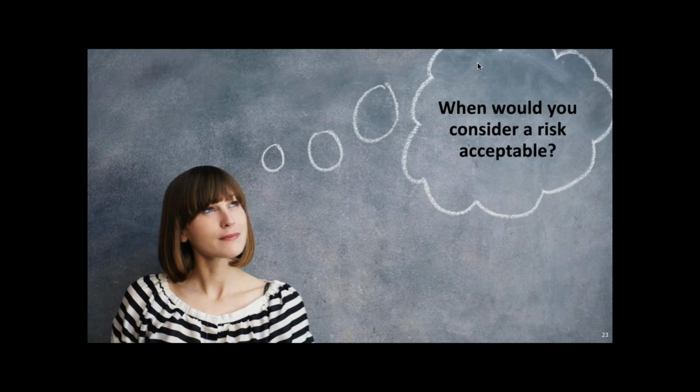So one thing, as you're developing and implementing a risk analysis approach, you've got to ask yourself, when would you consider a risk acceptable? A number of years ago, I was involved with Harris on an FBI project, and it was a heavy messaging application.